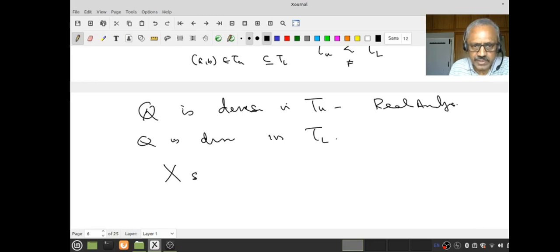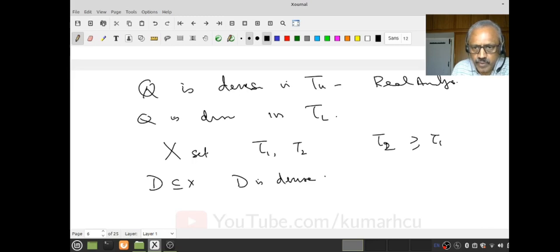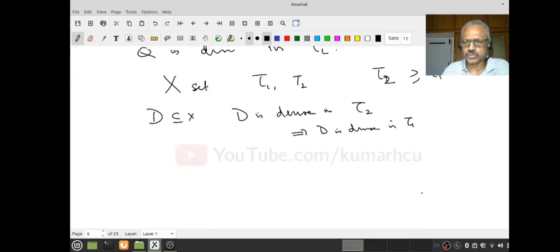Suppose I have a set X, I have two topologies tau 1 and tau 2, and assume tau 2 is finer than tau 1. Then if I have a subset D, suppose D is dense in tau 2, that will mean D is dense in tau 1, the coarser topology. That's because when do I say D is dense?